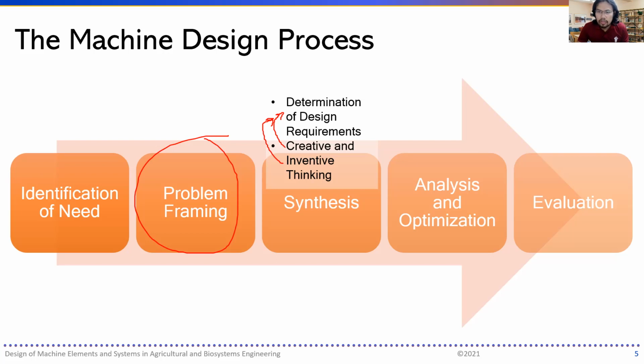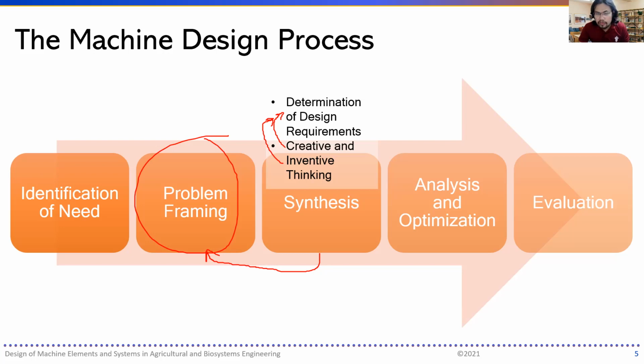Now, it's important to state at the onset that synthesis is the process of concept generation of how to solve for the problem identified. But if ever there's a need to go back, there is a way to always go back to the previous step, and this is what is called iteration.